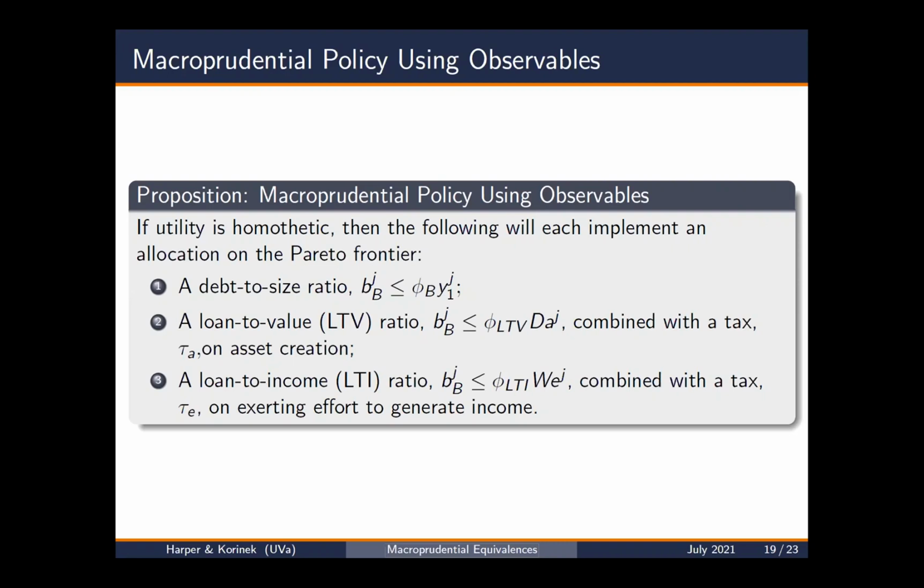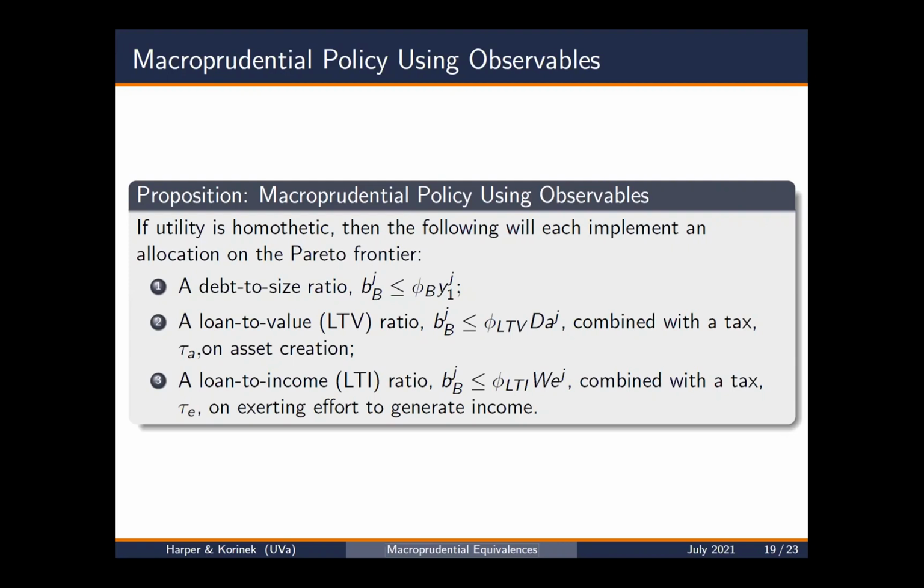If utility is homothetic, which we're holding to from earlier, then a debt to size ratio, like what we were talking about earlier, based on endowments can still implement an allocation on the Pareto frontier, but also a loan to value ratio or a loan to income ratio, when combined with a tax on either asset creation or exerting effort, is capable of implementing a Pareto efficient allocation. But it's important that the tax is also there.